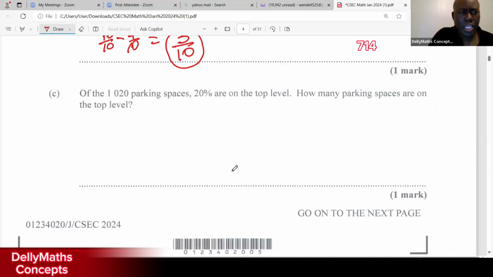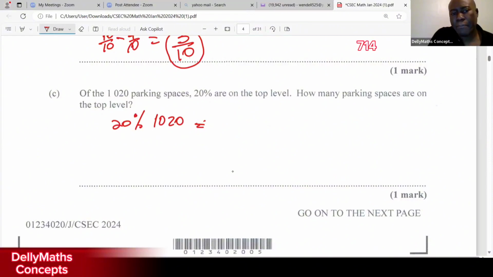So it says here, of the 1,020 parking spaces, 20% are on the top level, right? How many parking spaces are on the top level? So 20%. We simply will be finding 20% of 1,020.